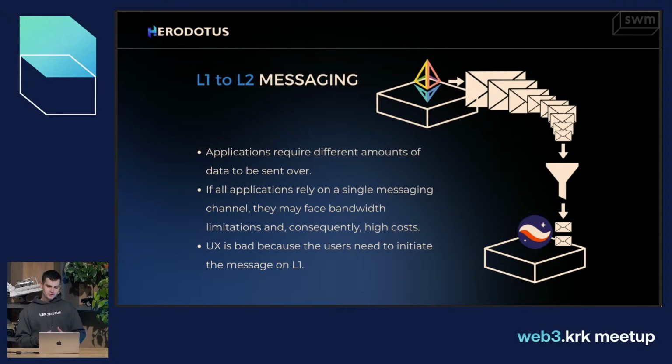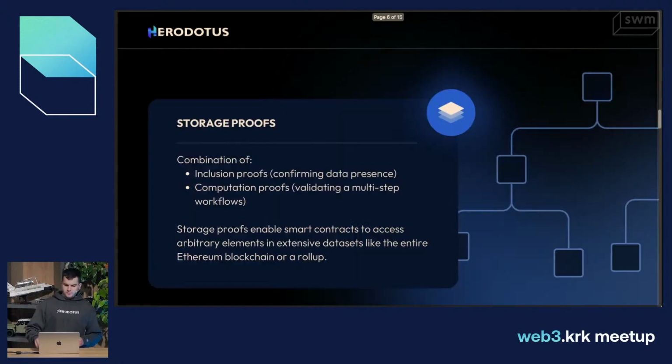If everyone's using these systems, the cost goes up, and every application that wants to deploy on L2 will have different requirements for how much data they need to access, as well as the frequency at which they need to access it. The UX of these systems is also not amazing, because you have to invoke these messages to be sent, let's say on an L1, and there's this bandwidth limitation. So storage proofs, what are they?